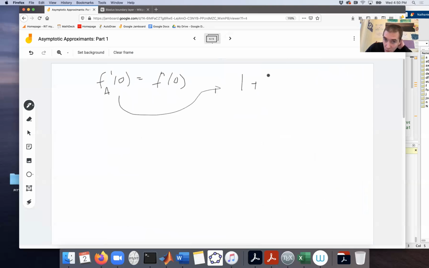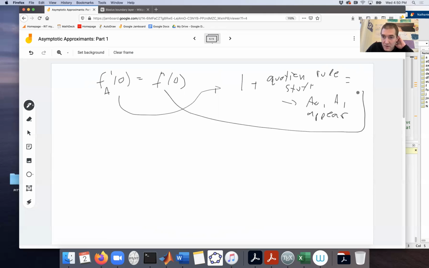So do some quotient rule stuff. You're going to have an a sub 0 and a1 appear. Set that equal to 0, solve for a1. See where we're going with this?